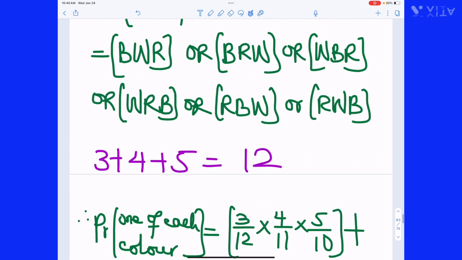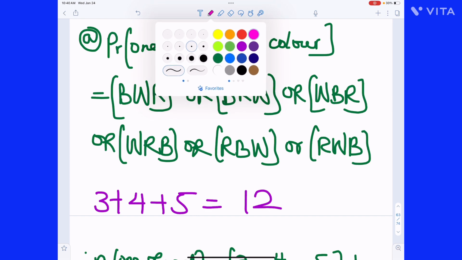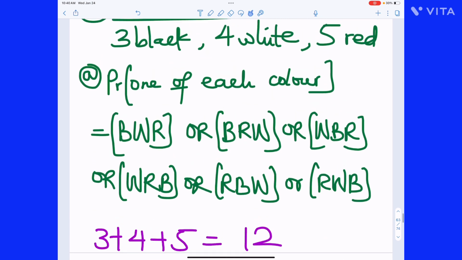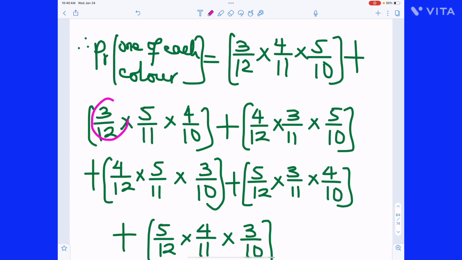In the second way, it's possible to pick 3 different colors by picking black first, red next, and white last. The probability of picking a black is 3 over 12, since we have 3 blacks. The probability of picking a red next is 5 over 11, because after picking the first black, there are 11 balls left.